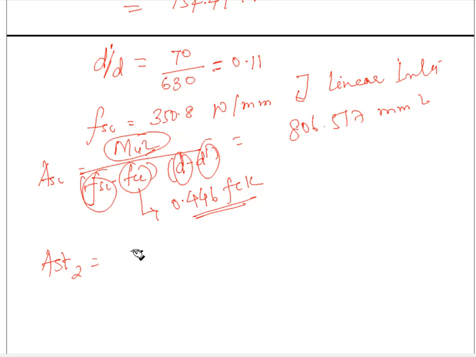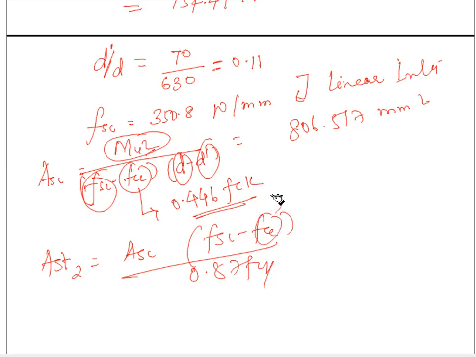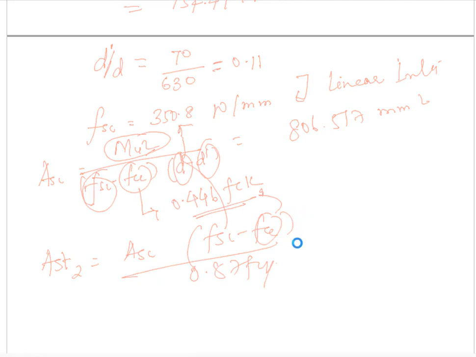Now we have to find AST2 also. AST2 is ASC into (FSC minus FCC) upon 0.87 Fy, where Fy is 415.